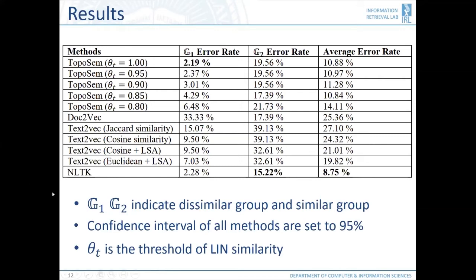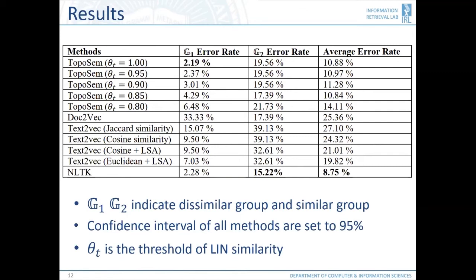And the confidence intervals of all methods are set to 95%. For this theta, the hyperparameter is the threshold of the Lin similarity. So this theta means all the word similarities above this theta, we add an edge between them.